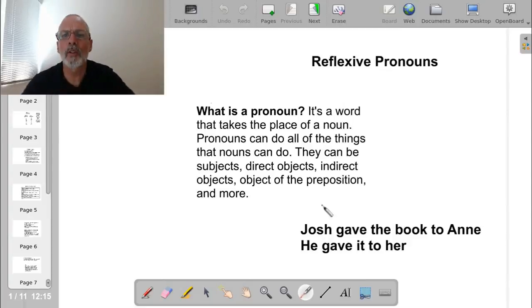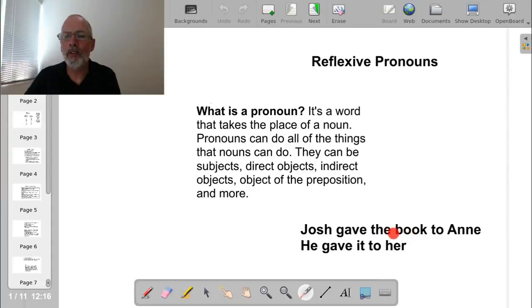So let's return to the reflexive pronouns. Here we have replaced Josh, the subject, the thing performing the action of the verb, with the subject pronoun, which is he.